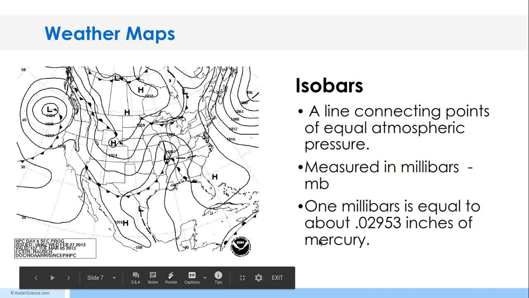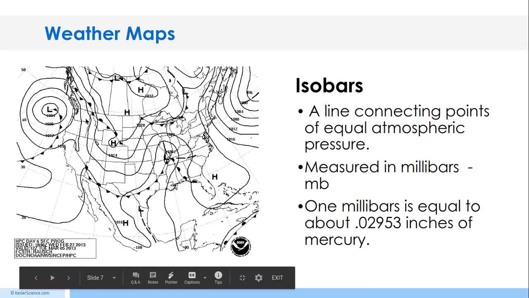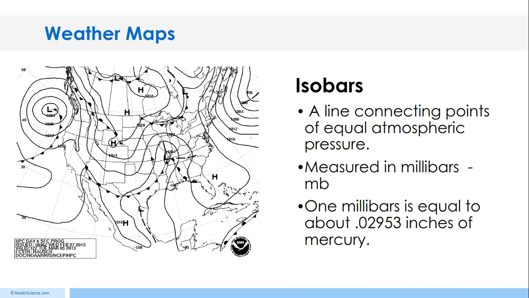Okay. So 1 millibar is about 0.029 inches of mercury, and that's the difference between our readings. Isobars are going to be in millibars, but barometers will typically give you either millibars or inches of mercury.